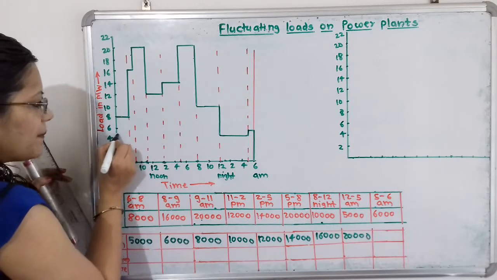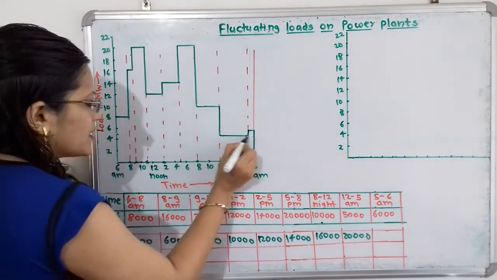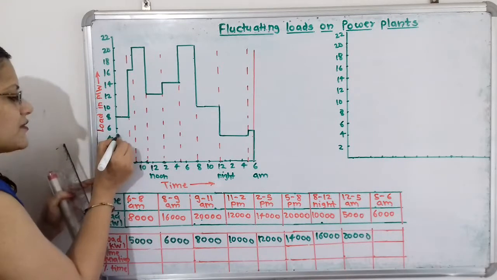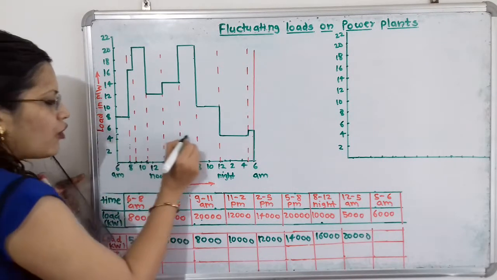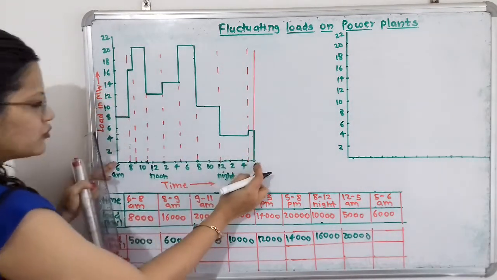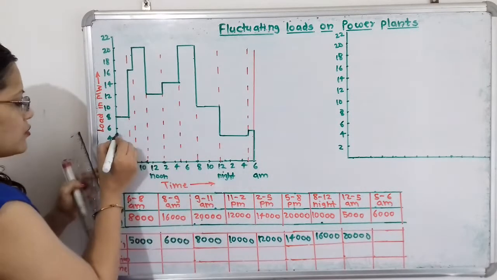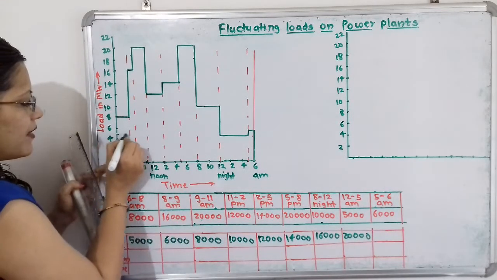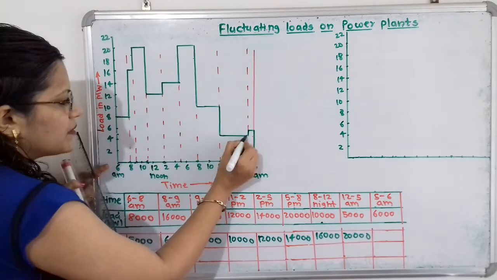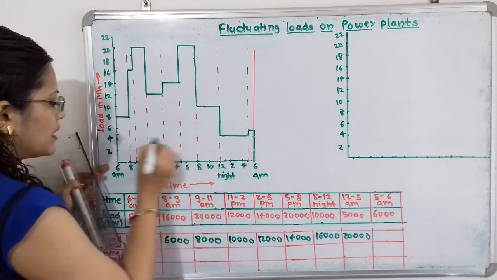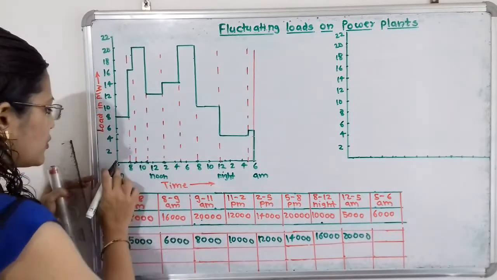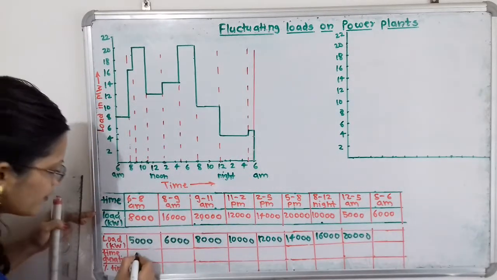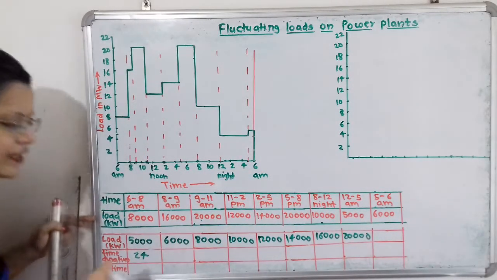This 5 megawatt is active for all 24 periods of time. So the total duration is 24 hours, so I will write here 24.